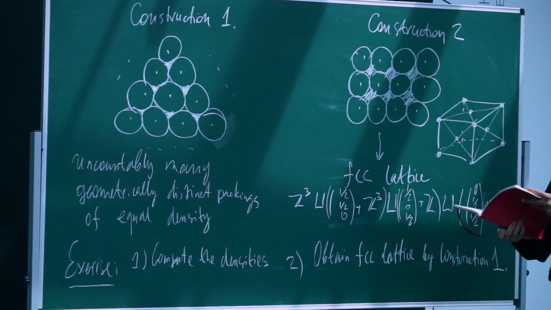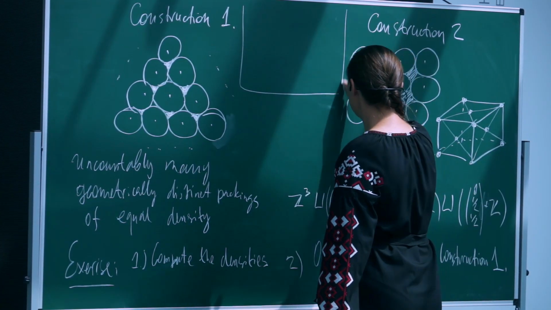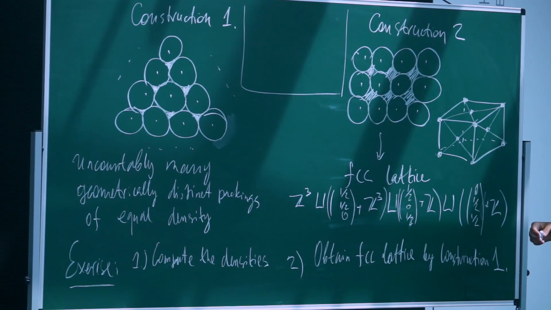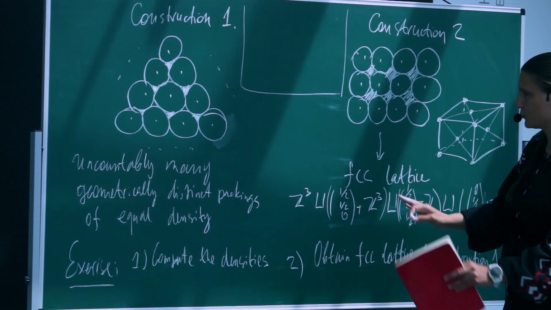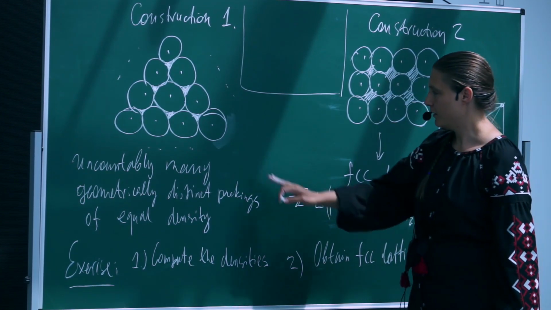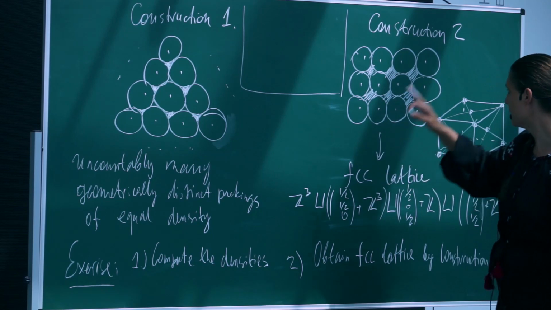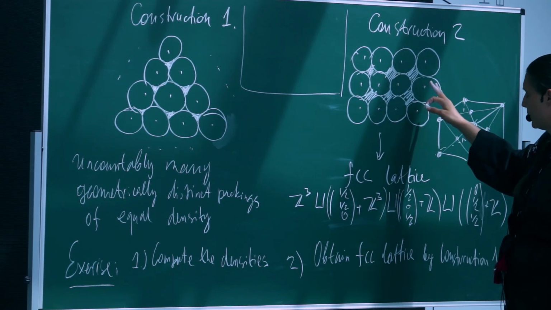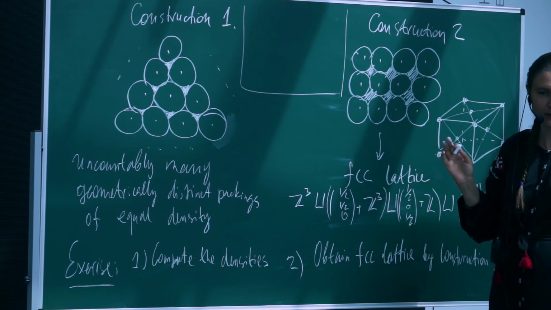And now, maybe the last thing I wanted to say, a bit of a spoiler, is that the packings we obtained by construction 1 and by construction 2 actually have the same density, even though they are different.